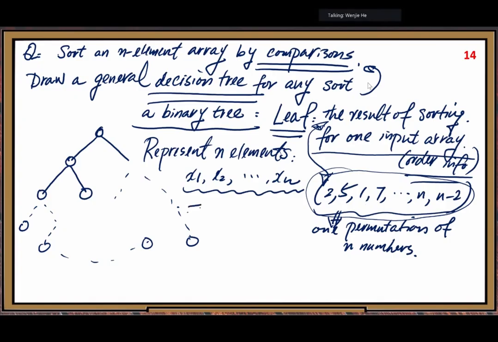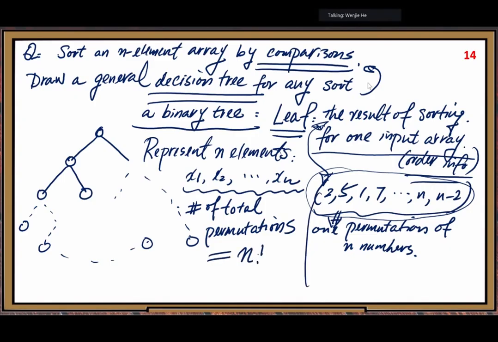All right. Then, how many total permutations of n numbers? Is it n factorial?